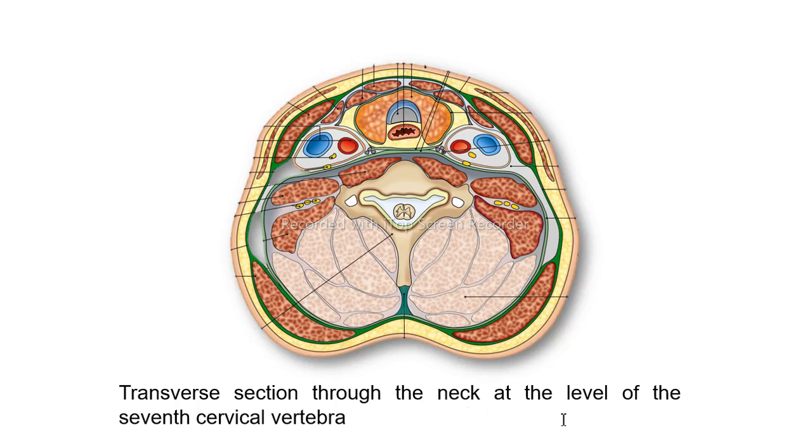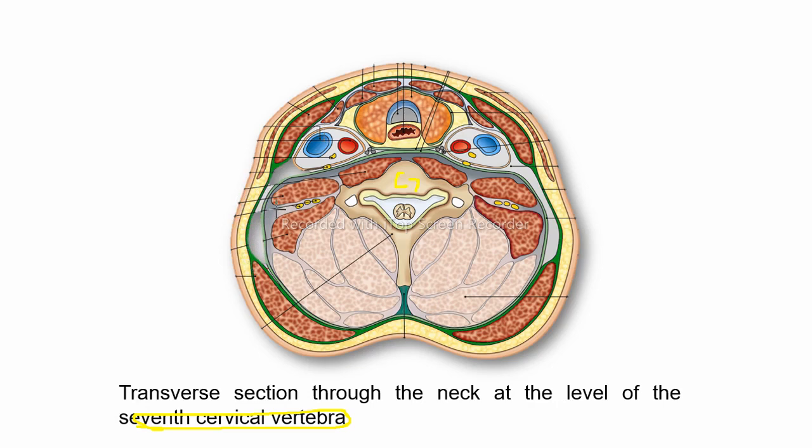So here we can see the transverse section of the neck at the level of the seventh cervical vertebra. Here is the C7 vertebra, spinous process, transverse process. Superficially we see skin, superficial fascia, and here the deep cervical fascia.